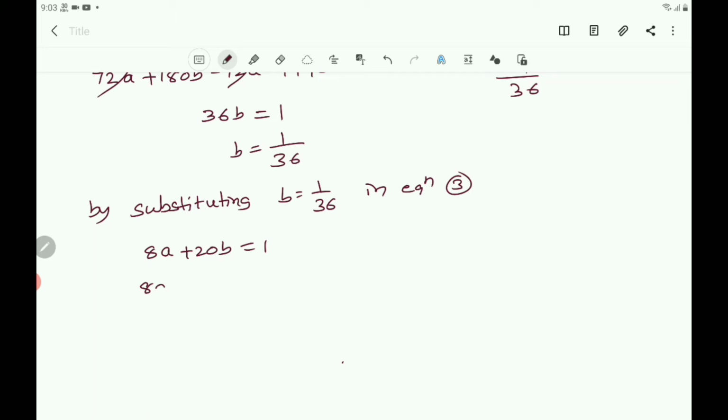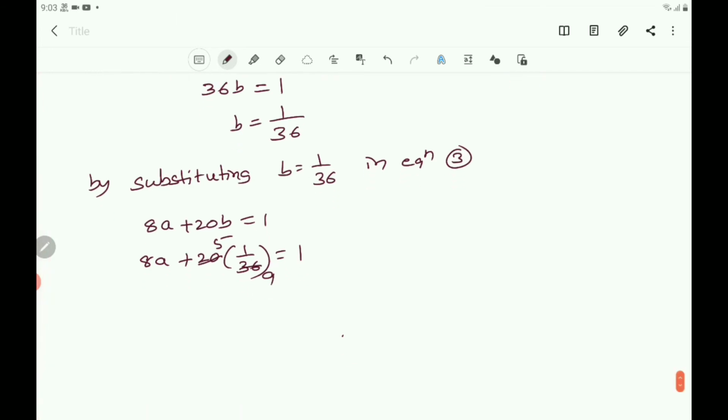Write 8a as it is plus 20 into 1 by 36 equals 1. Now 4 fives are 20, 4 nines are 36. So you get 8a plus 5 by 9 equals 1.